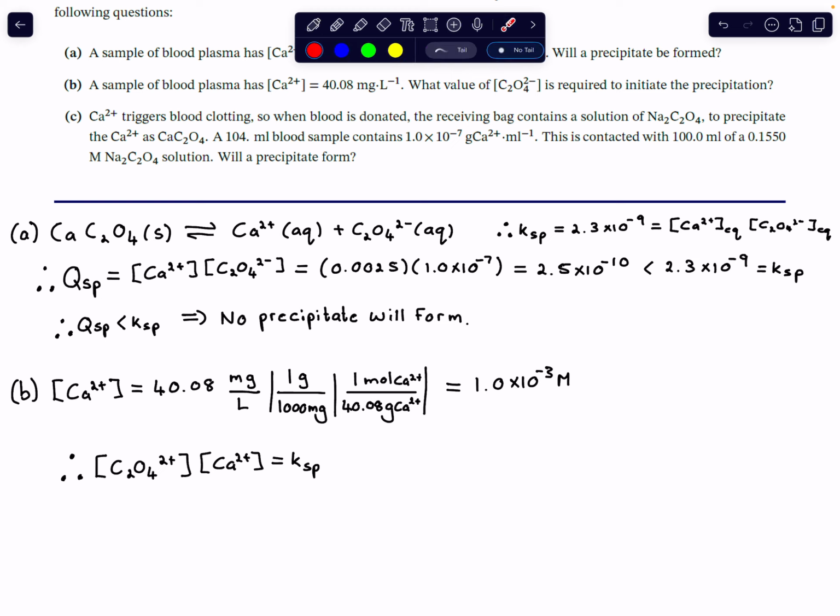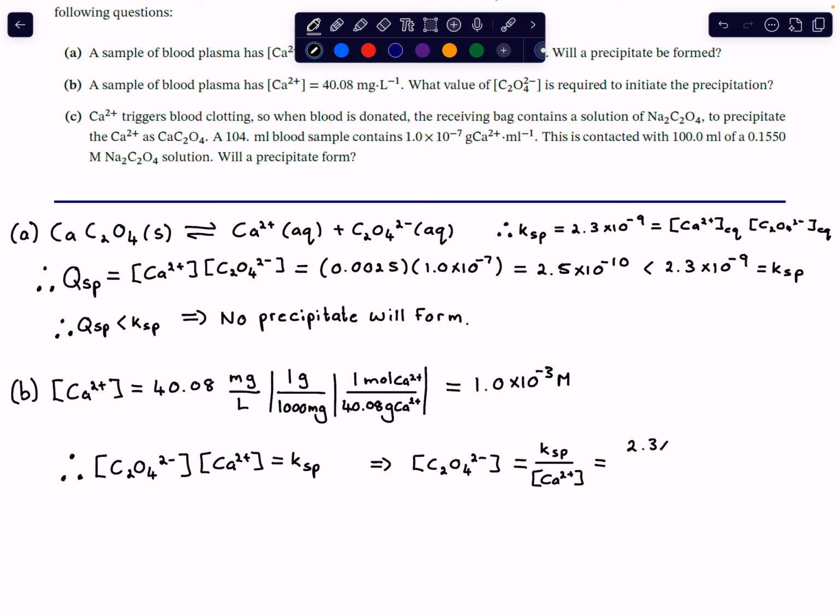So if we solve this for the concentration of oxalate, 2-, sorry, that should be a minus there, then KSP divided by the concentration of our calcium will give us the concentration of oxalate that will cause precipitation.